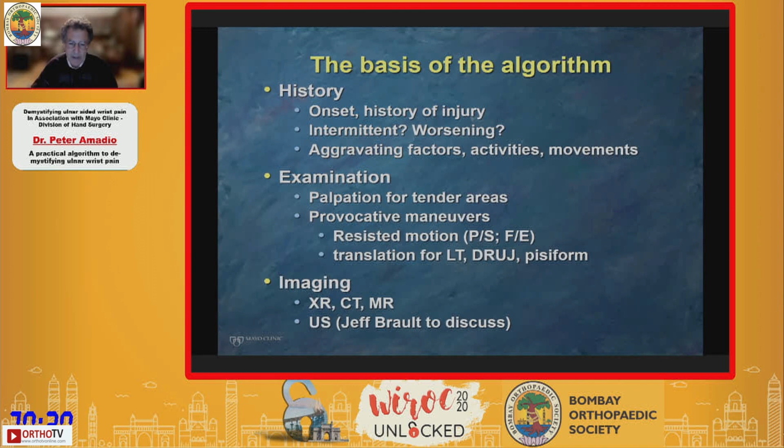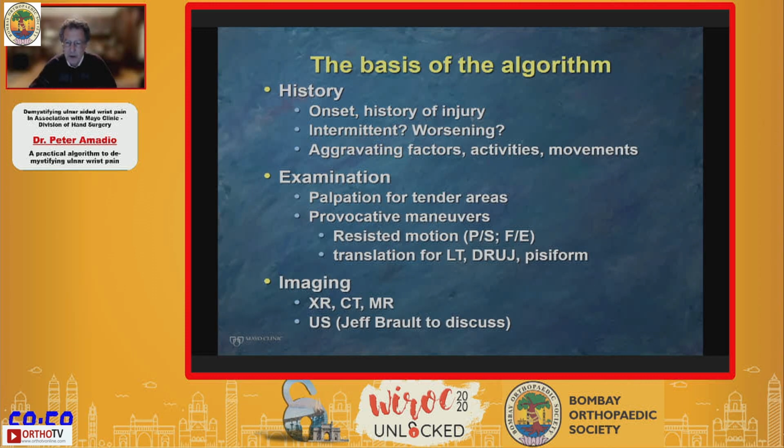And physical examination is really pretty simple in a sense, because you're really palpating to see what areas might be tender or warm, or you could look to see what areas are swollen. And then you're going to do some provocative maneuvers, which if everybody can see me, they're basically kind of just doing something back and forth like this.